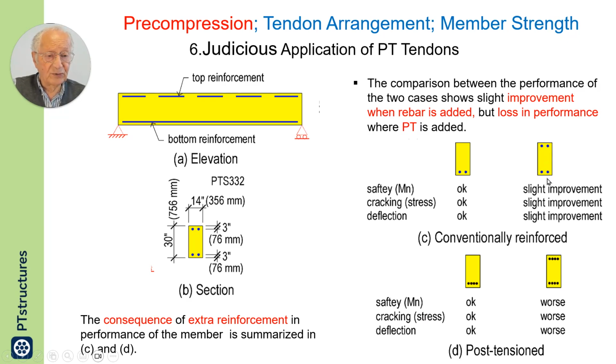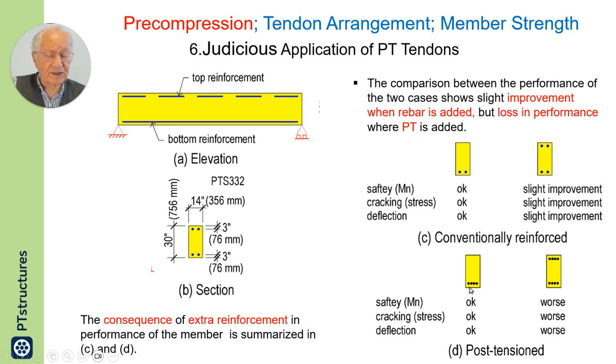What I conclude is if you add rebar at a location that is not required by minimum design specifications, you do not hurt the performance of the member. It will improve slightly in certain respects. So it is okay for rebar.